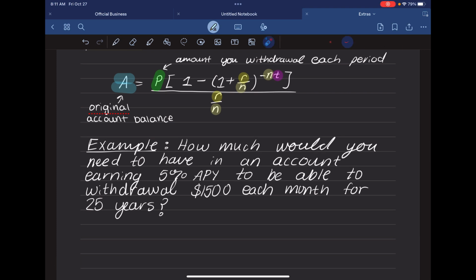We're trying to figure out how much we need to have in the account, so what does A need to be so that if R is 5%, so my interest rate is 5%, and I want to withdraw $1,500 a month, that's going to be our P. For 25 years is going to be our T. And since we're doing this each month, N, the number of time periods in a year, is going to be 12. So we can plug all of that information in to solve for A.